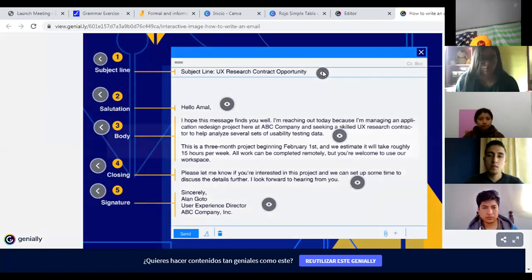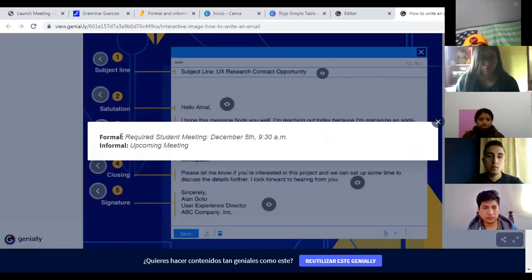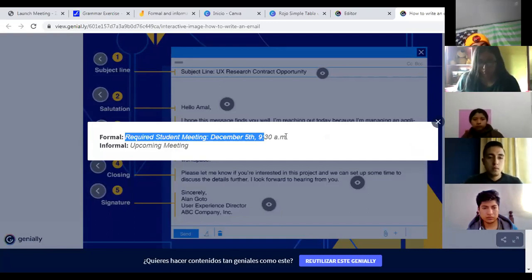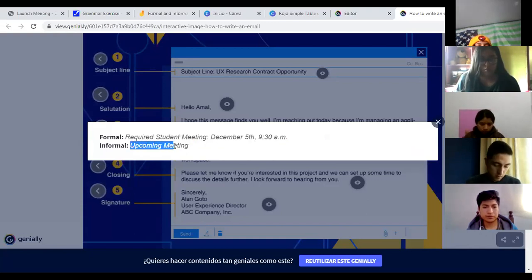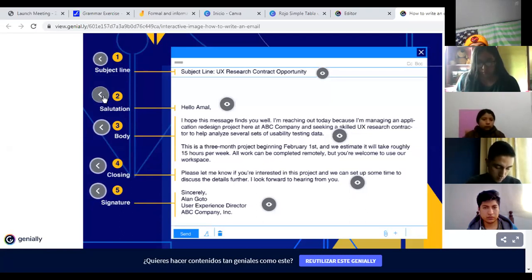Here we have some examples. Informal, for example, can be required student meeting December 5th, 9:30 a.m. So it's short, but it's more detailed than the informal. The informal is just upcoming meeting, like there is a meeting, don't forget. The formal is like required student meeting, December 5th, and even the hour.